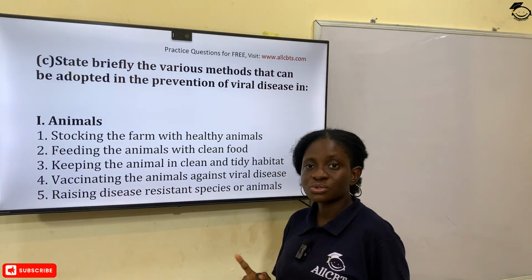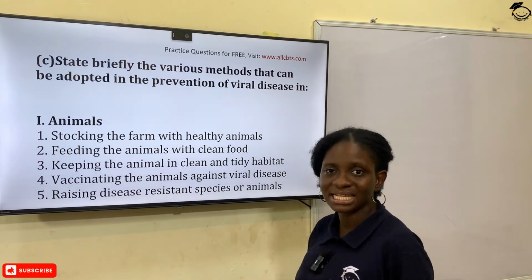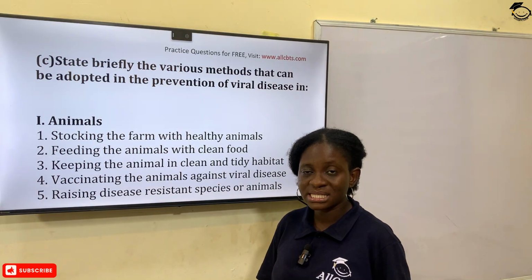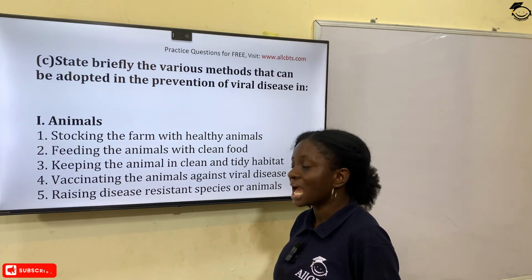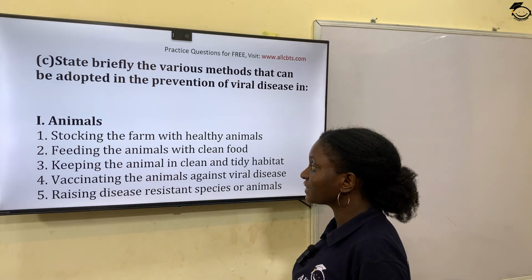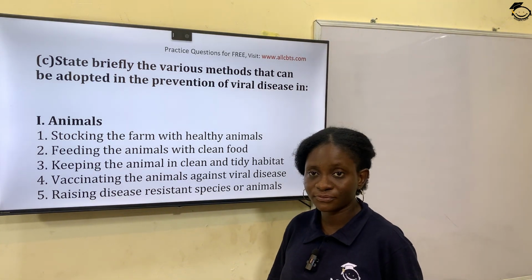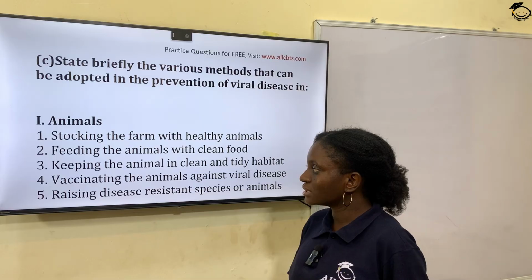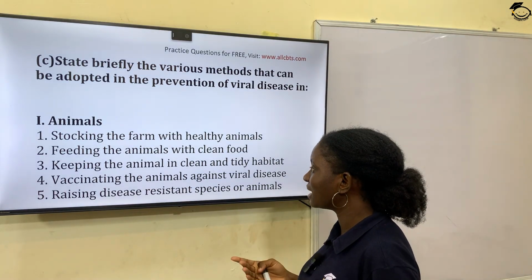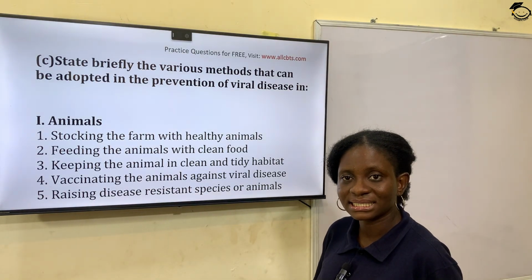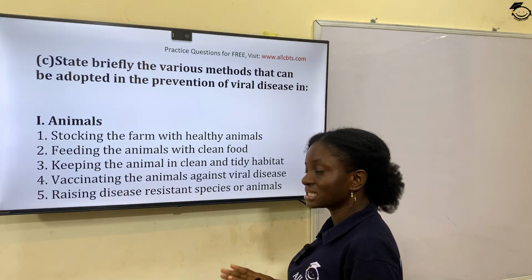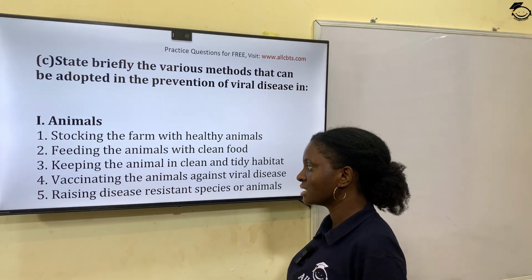Number 1, stocking the farm with healthy animals helps to prevent the spread of viral disease. Another method is feeding the animals with clean food. Another method is keeping the animals in tidy and clean habitats, that's in a good, neat environment.